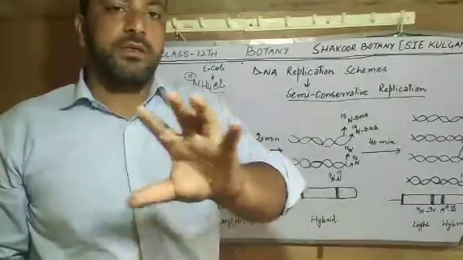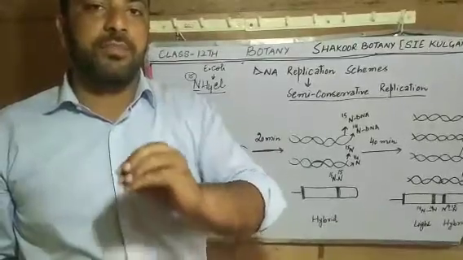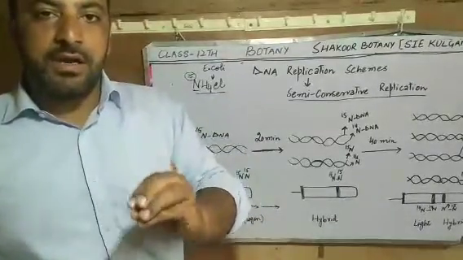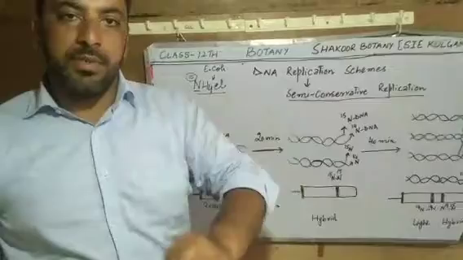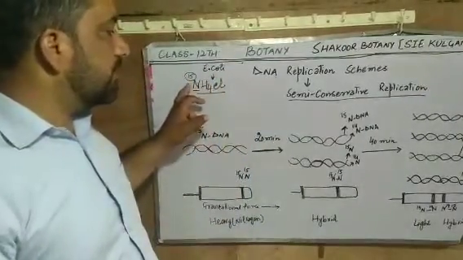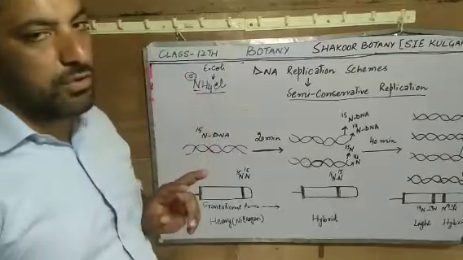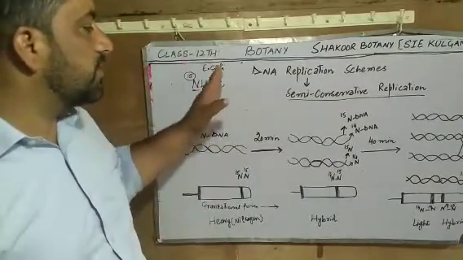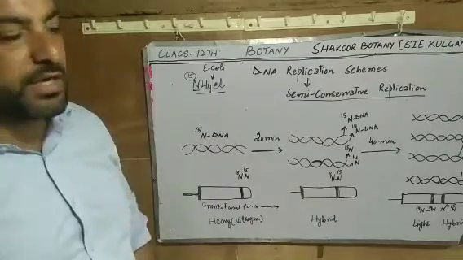Remember, this N15 not only gets incorporated into the DNA, but into all other biomolecules where nitrogen is present, because this medium has N15 ammonium chloride. The E. coli is cultured on N15 ammonium chloride medium.